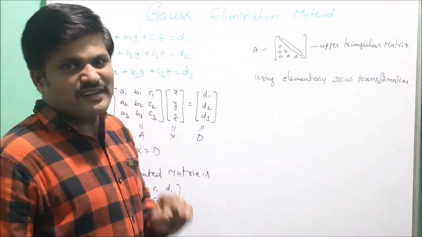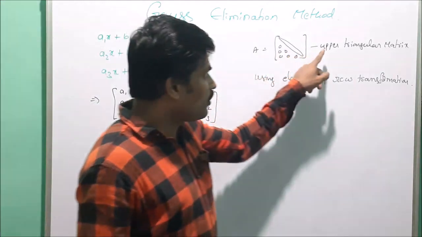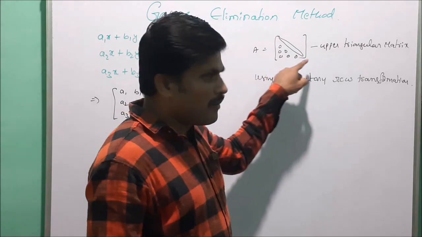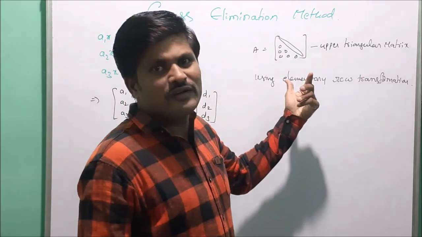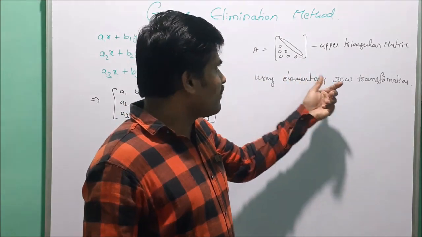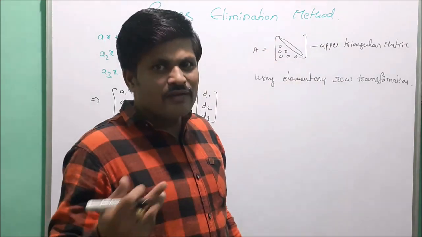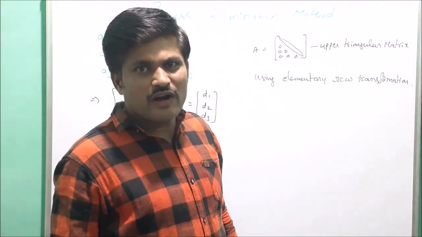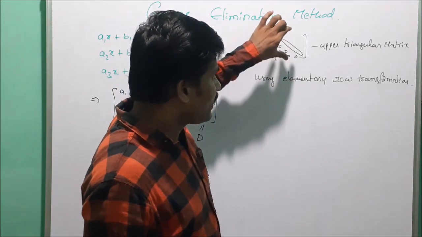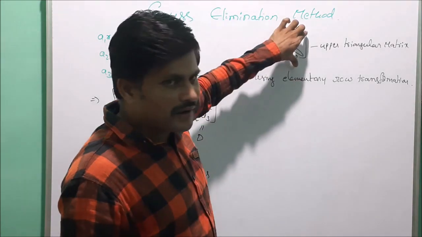The remaining elements can be nonzero. So that matrix is already converted to upper triangular.